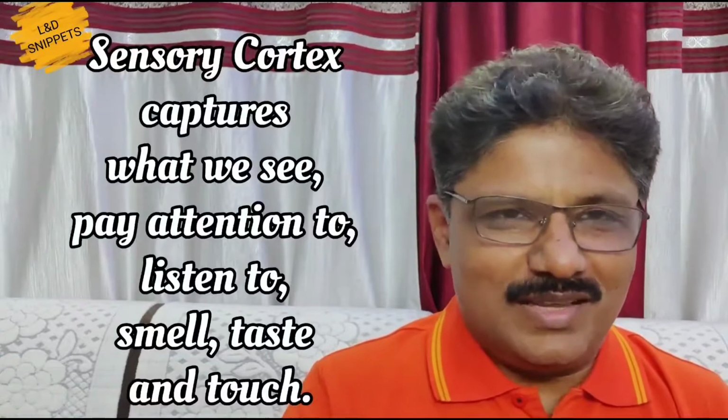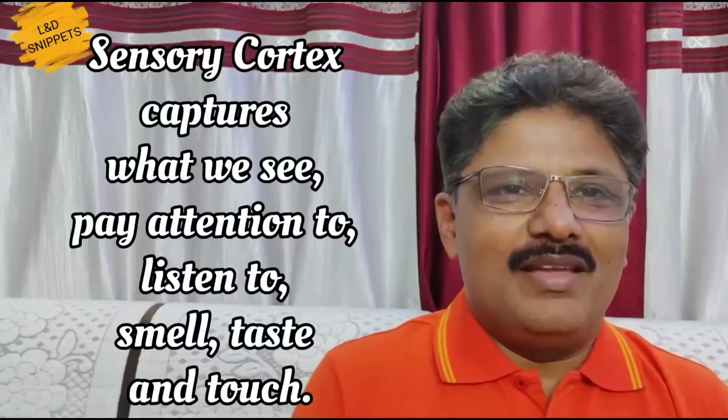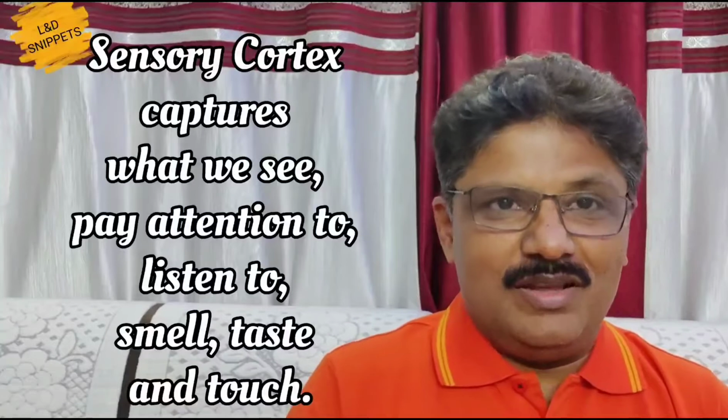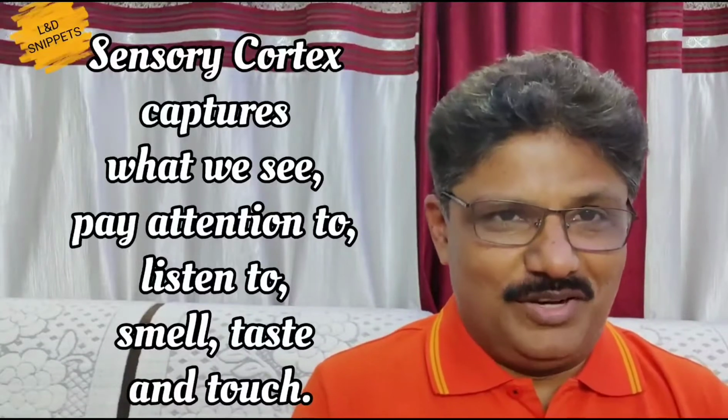As we look around, as we hear something or listen to somebody, as we smell something, as we taste something, or as we feel something with the help of our skin through touch, we gather a lot of information. With the help of the sense organs, we perceive the external world.